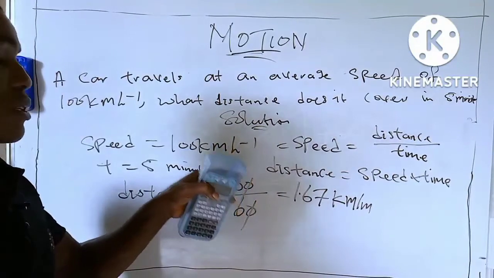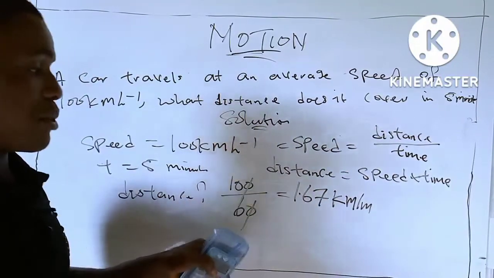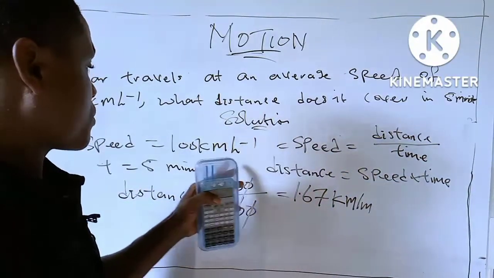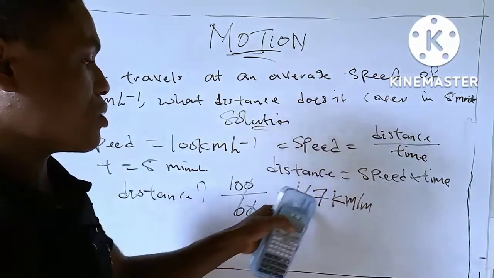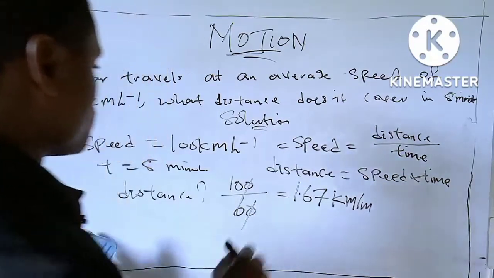This is how to change kilometer per hour to kilometer per minute: we divide the given number by 60, so we have 1.67.